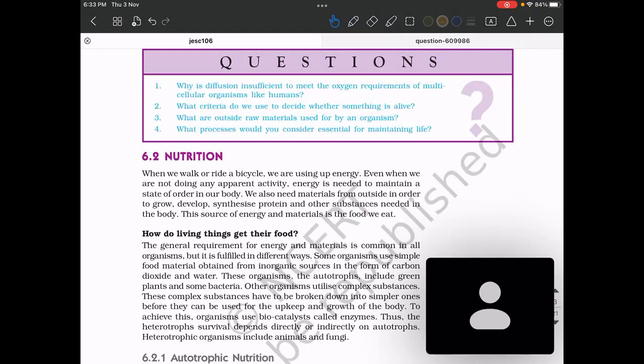Because humans are multicellular organisms, all the cells are not in contact with the outside environment to get the oxygen in, so diffusion is insufficient. Okay, very good. We are multicellular, the cells are placed everywhere, and just by diffusion there is no chance for the cell to meet its requirements. Fine, very good.